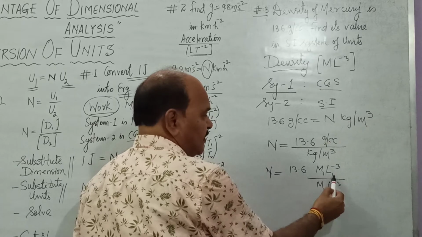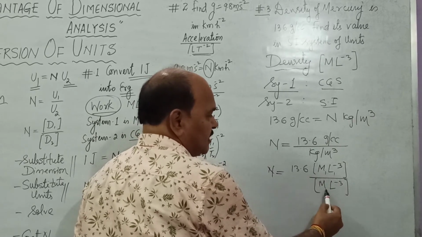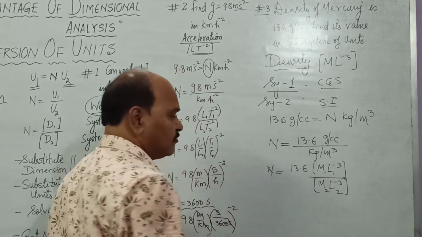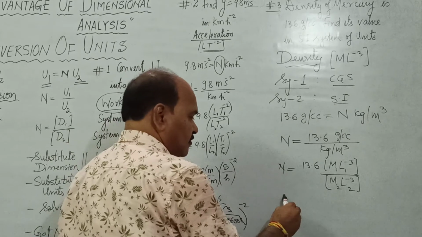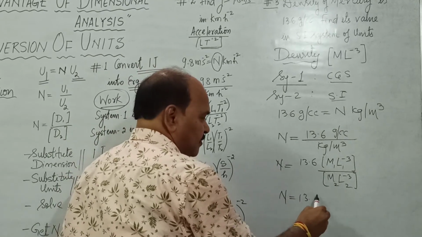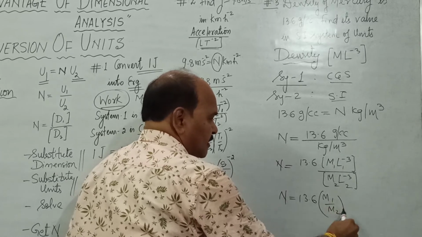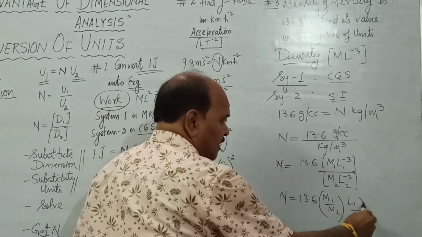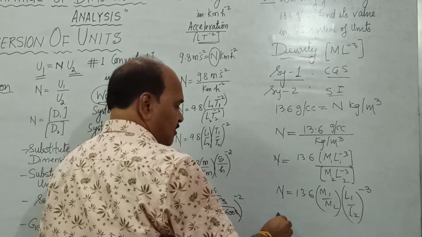We can use this prefix to differentiate both the dimensional formulas: we just write the subscripts 1 and 2. 1 indicates system 1, 2 indicates system 2. Now you can see this 13.6 remains as it is. We can write M1 upon M2 together, L1 upon L2 together, and their whole power is what? Minus 3.